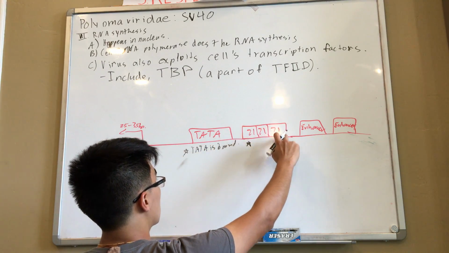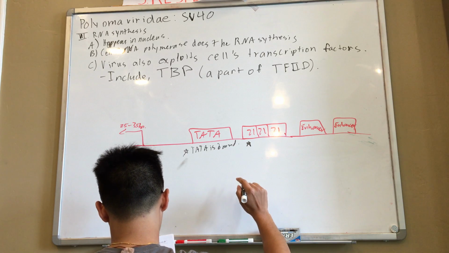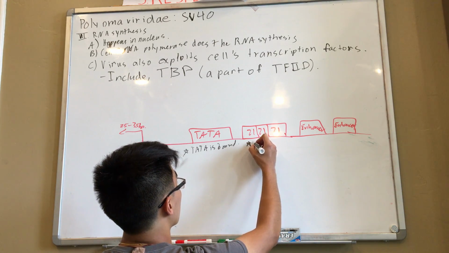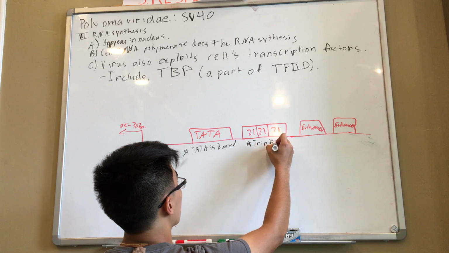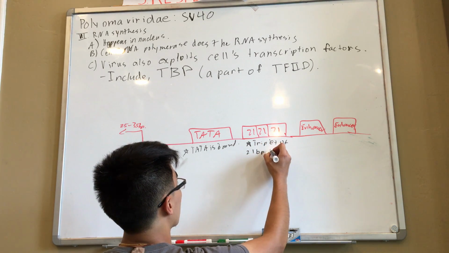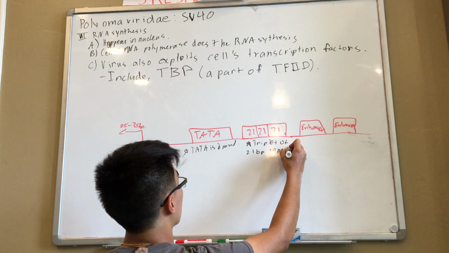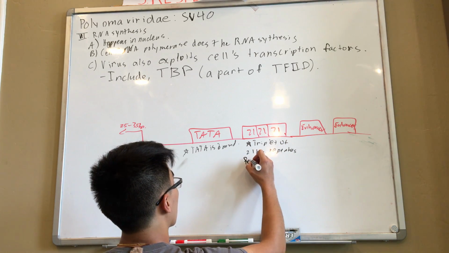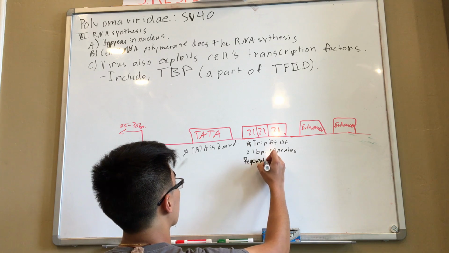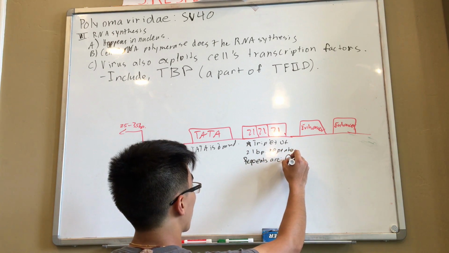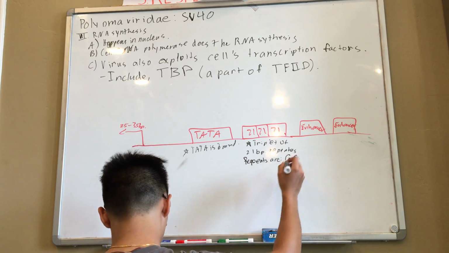Now this is a triplet of 21 base pair repeats. And the repeats are GC-rich, guanine and cytosine.